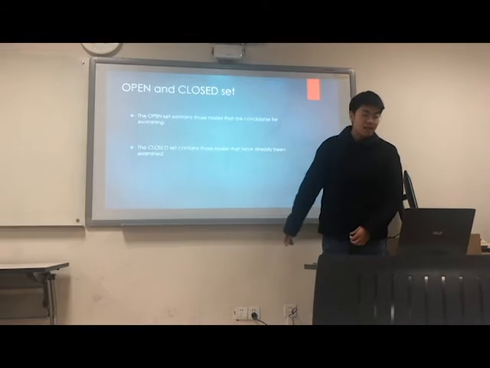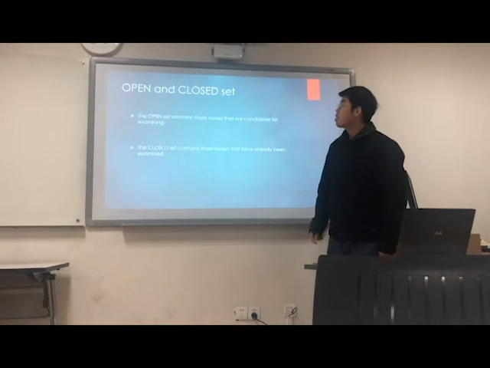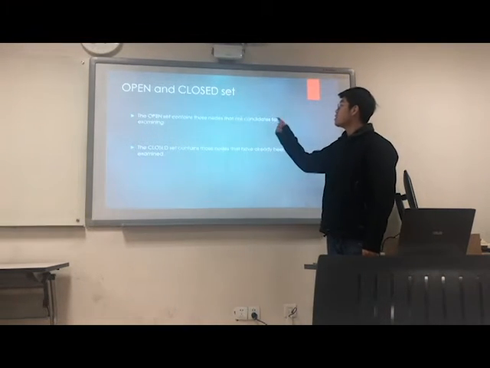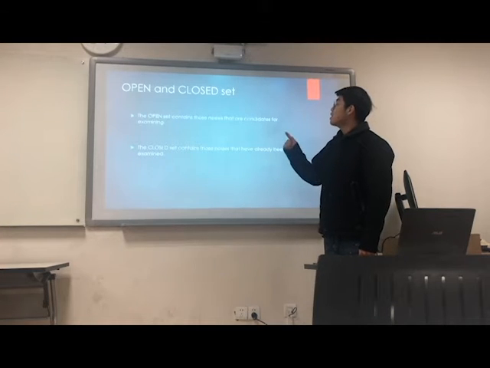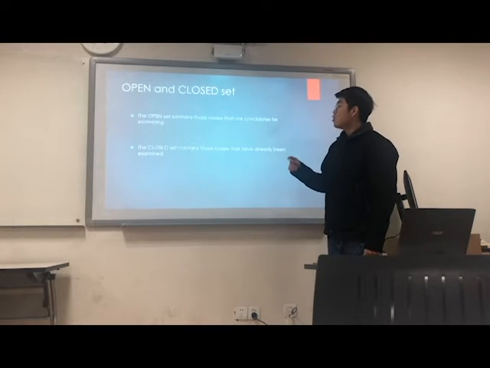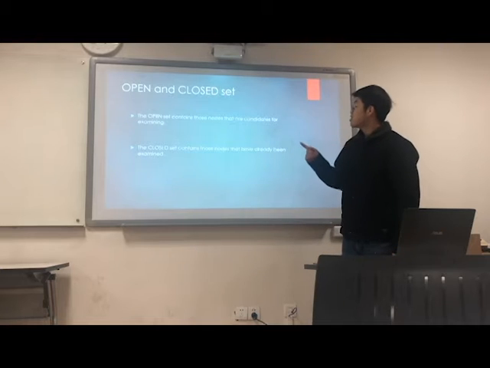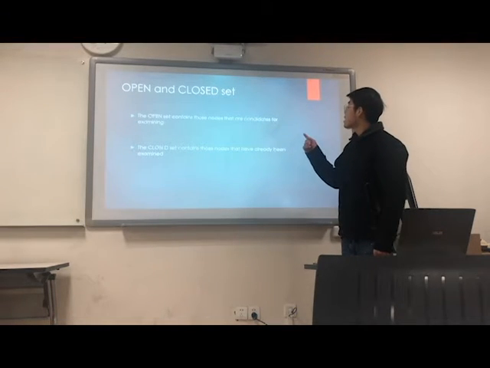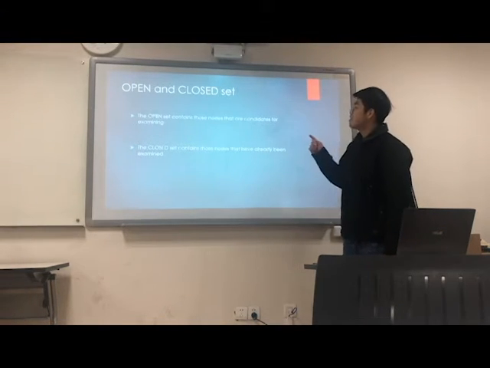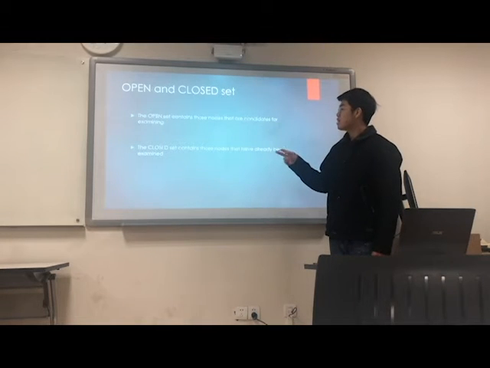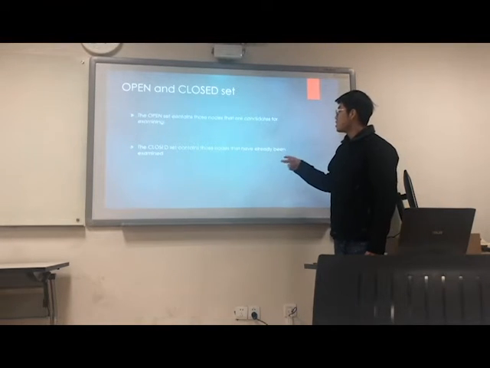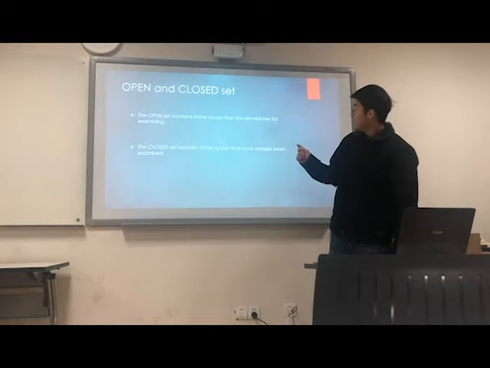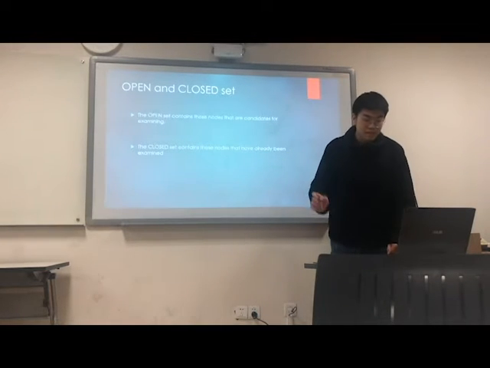And this A-star algorithm has an open set and a closed set. The open set contains those nodes that are candidates for examining, and the closed set contains those nodes that have already been examined.